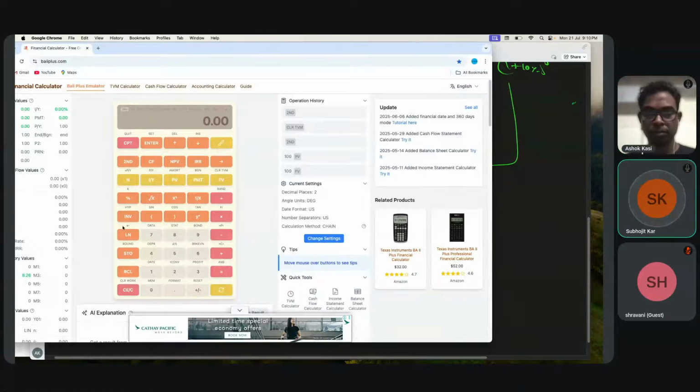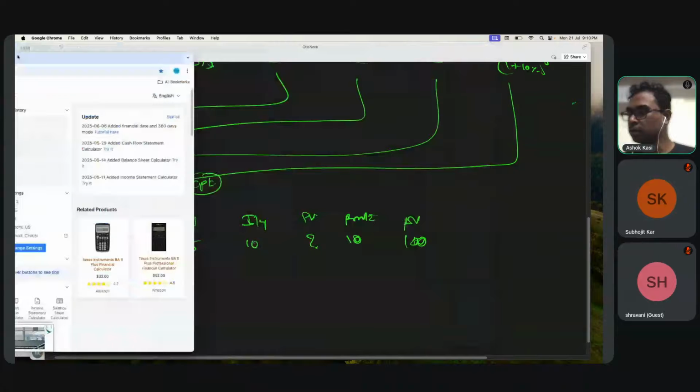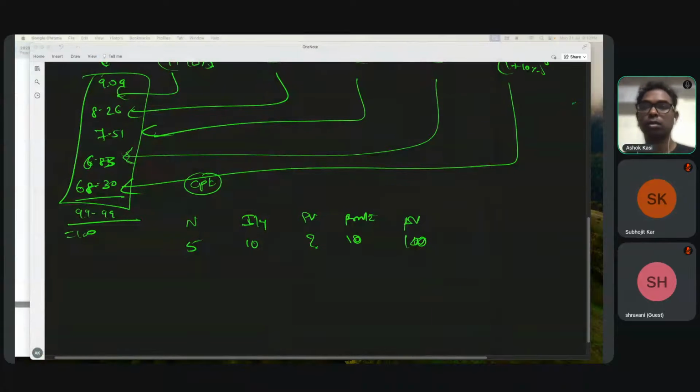No, in the calculator it is wrong, and on the soft copy it is correct. Okay, let it be. Tomorrow you just show it to me. Note down this sum and do it in front of me tomorrow. Okay, so this is how we are supposed to calculate the present value.